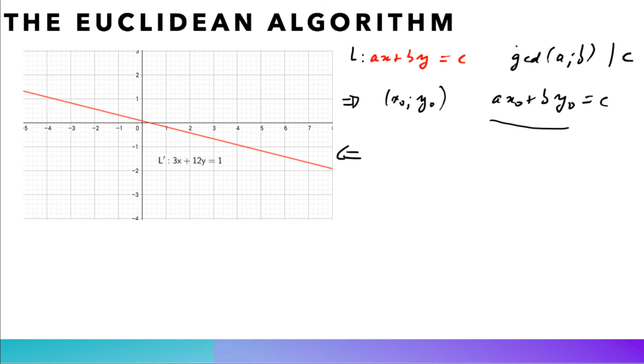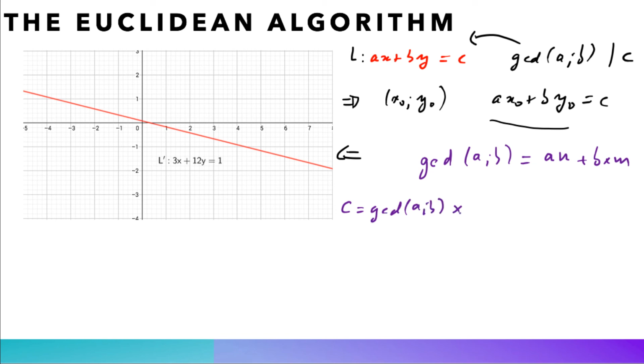We would like to prove that if the GCD of a and b divides c, then the line L must contain an integral point. Indeed, by the Bézout identity, we know that we can find two integers n and m such that the GCD of a and b is equal to an + bm. Now if the GCD of a and b divides c, this means that we can write c as the GCD of a and b times a certain integer k.